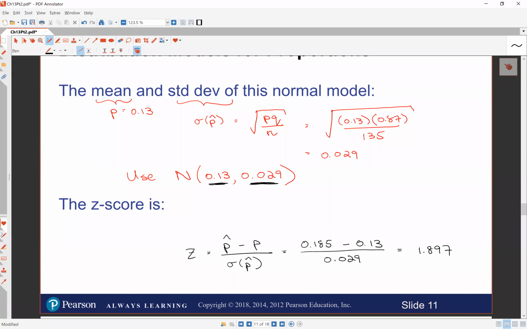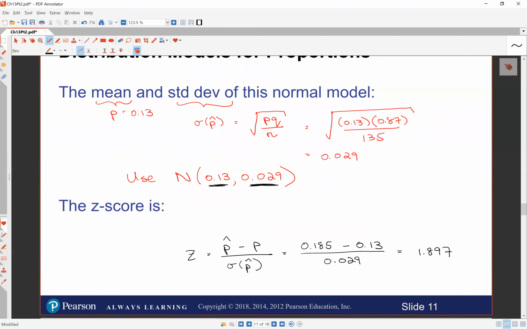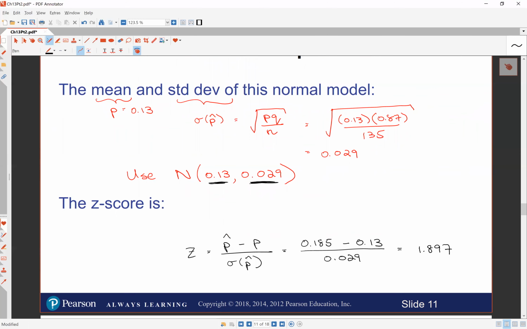Now, remember, I'm trying to evaluate here what the probability is that I do not have enough seats in the auditorium for the left-handed students who show up, which will be the case if I have more than a proportion of 0.185.